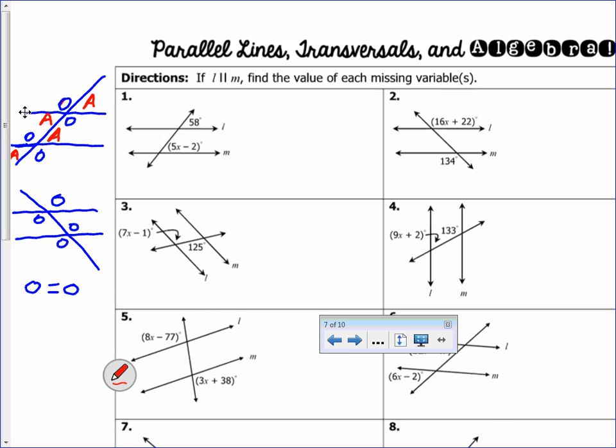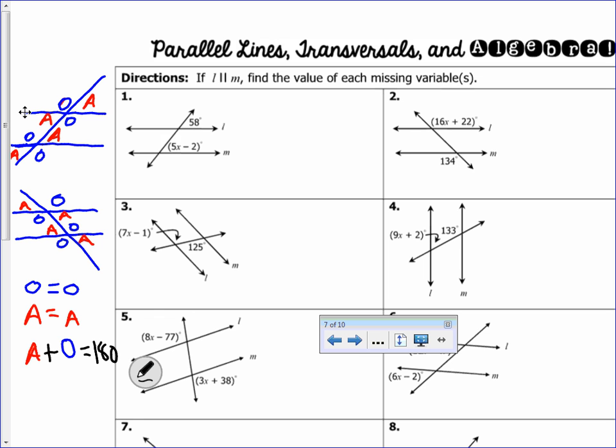If one of my acute angles equals 65, then all my other acute angles equal 65. So A equals A, O equals O. But A plus O, they're supplementary, they equal 180.